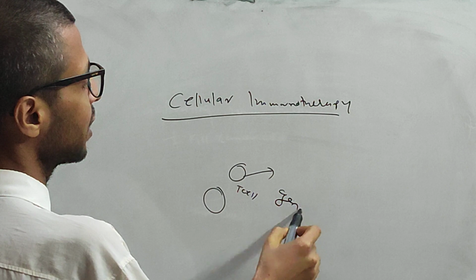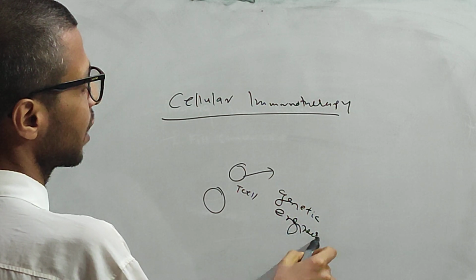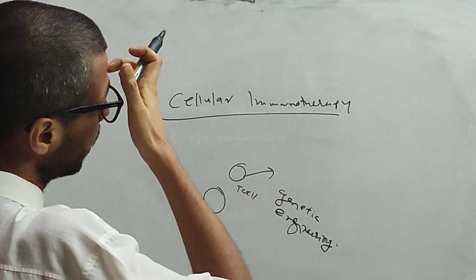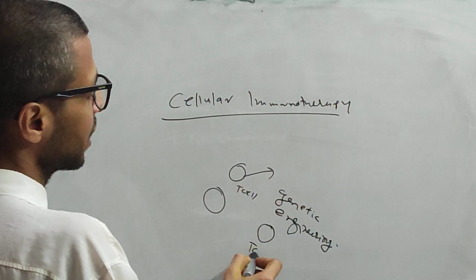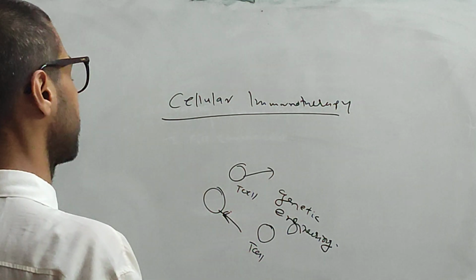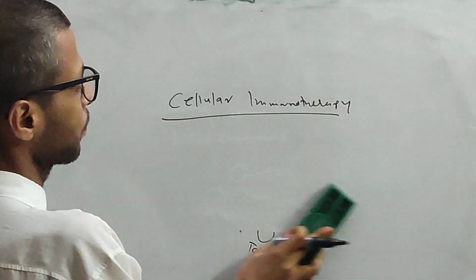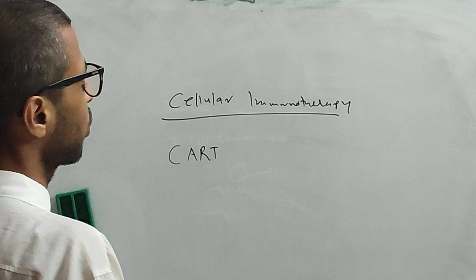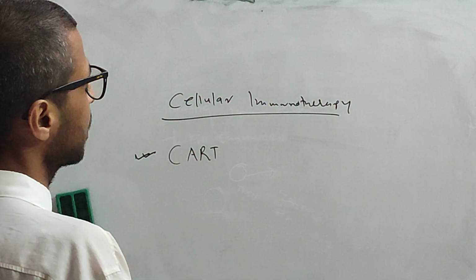They do genetic engineering of the T cell, and they reinfuse it in the patient, and that genetically engineered T cell will now attack these cancer cells. That is called cellular immunotherapy. You might have heard about CAR T cell therapy, which is used in hematological malignancy, and it is becoming popular in other cancers as well.